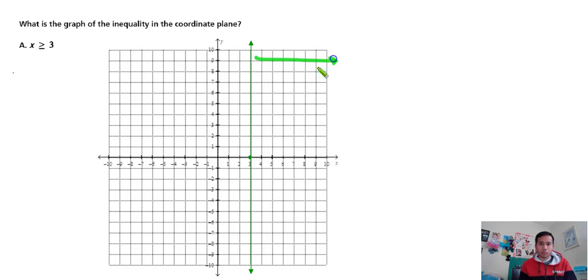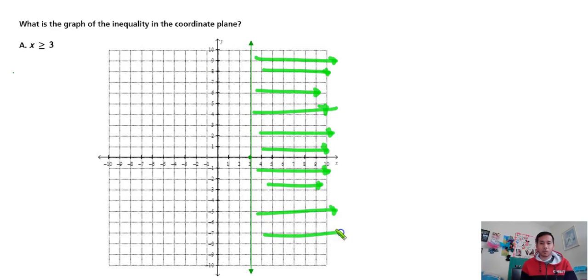So all of the numbers including 3, including those on the line, will be a solution to this inequality. So how does it look if you have y? If it is y, then it's a horizontal line, and then you just identify if it is greater than or equal.